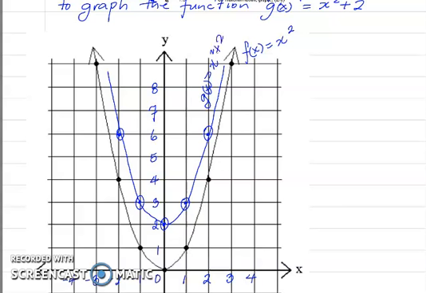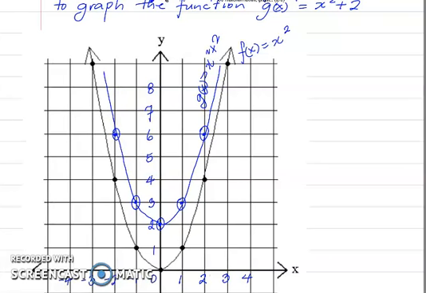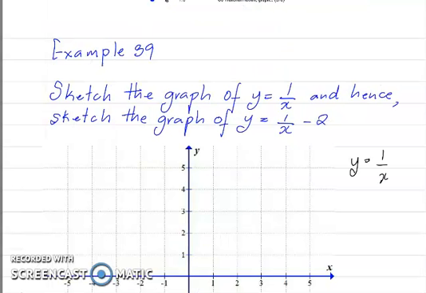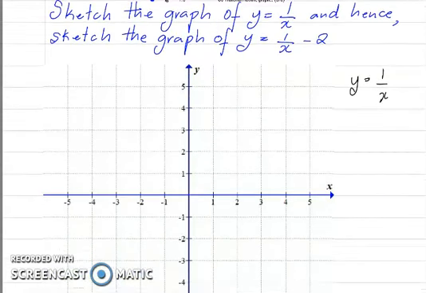All right, let's have a look at a second example. Here we're asked to sketch the graph of y is equal to 1 over x. If you're going to sketch any graph, you're going to need coordinates. So we have a pair of axes to the left.